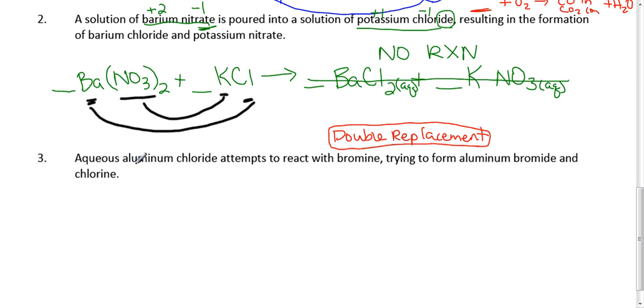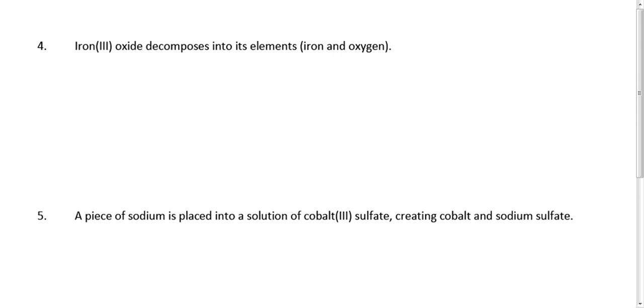Okay, for our next reaction, we have aqueous aluminum chloride, and it attempts to react with bromine. So that's telling us what we're adding together. We're going to have aluminum chloride, and it's going to react with bromine. Now let's think about it real quick. We just got our symbols for them. This is a compound, though, aluminum chloride. That means you go to your table and you look up your charges.